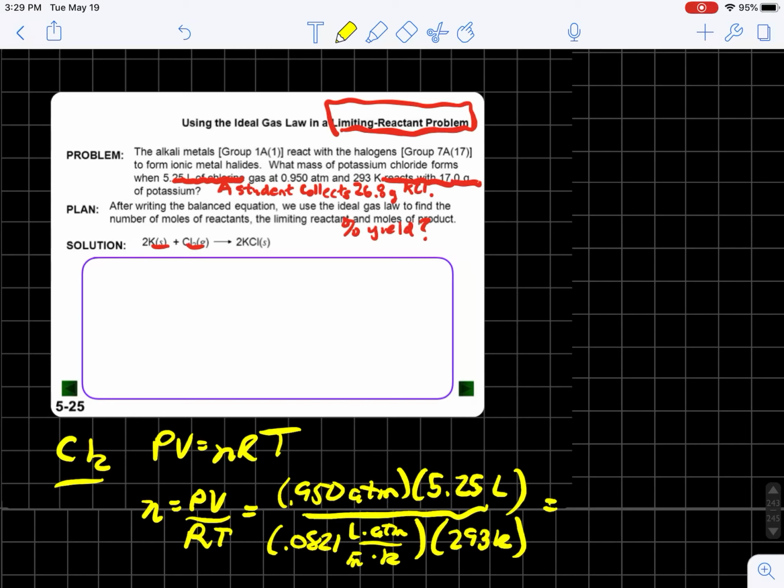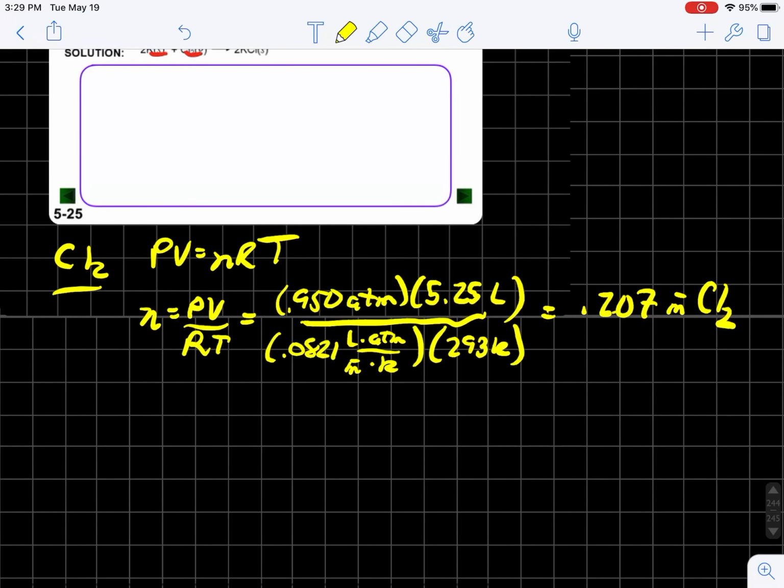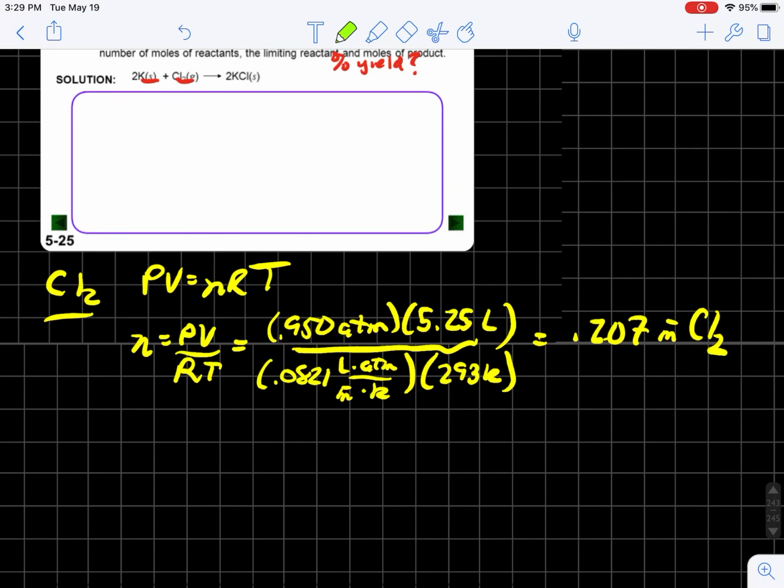All right, so how many moles of chlorine did we actually have? 0.95 times 5.25 divided by 0.0821 divided by 293. That's 0.207 moles of chlorine. Now, let's see if it's the limiting reagent. We're going to figure out how many moles of product we get from the balanced equation.